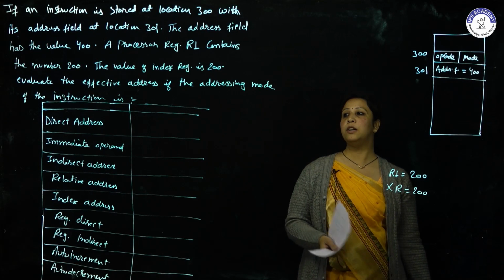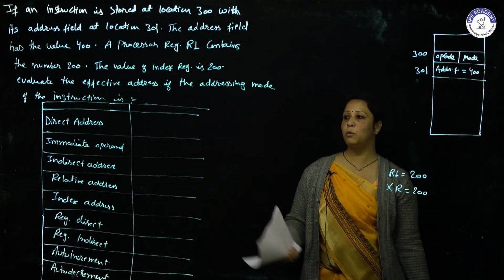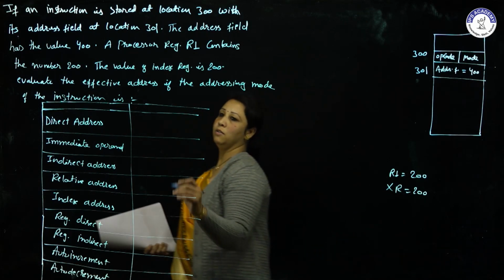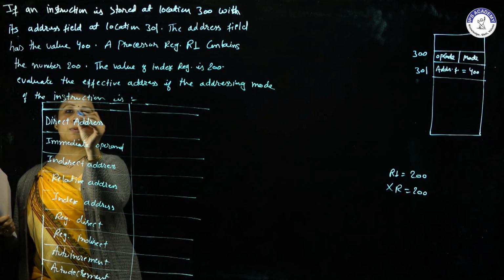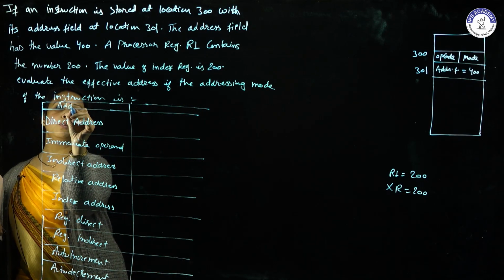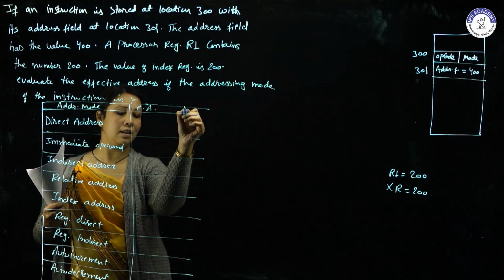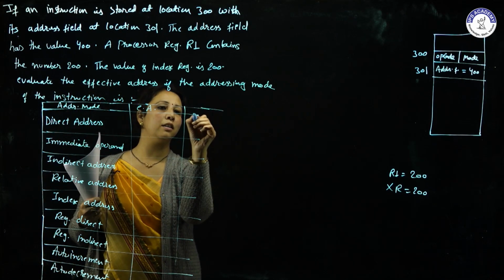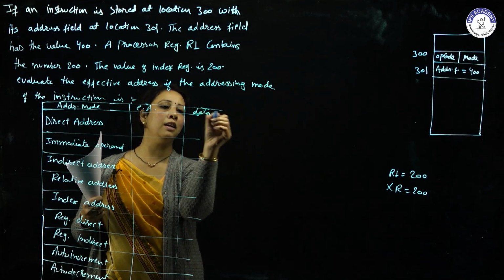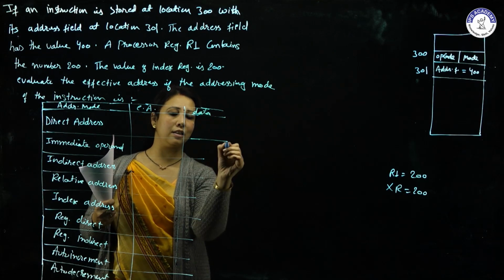So we have to evaluate the effective address in the following addressing modes, in a tabular format. Here is the addressing mode, the next is effective address, and next is data. What data is present in this effective address?